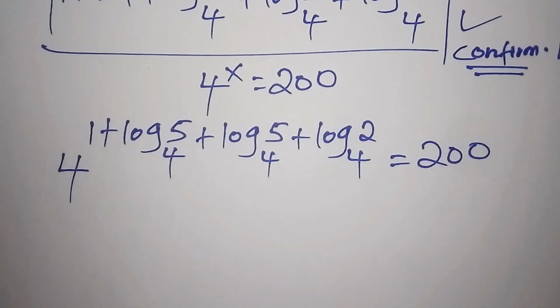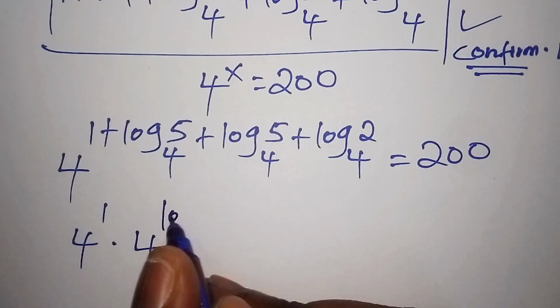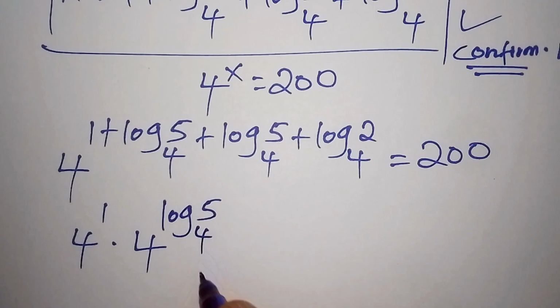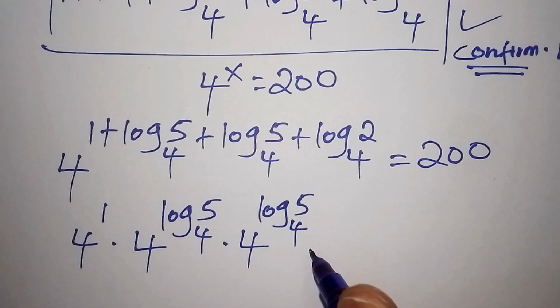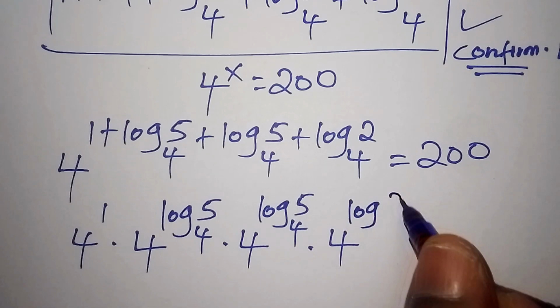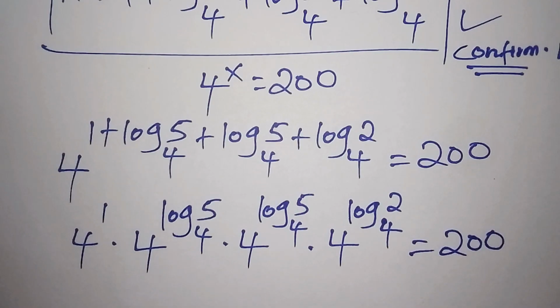So we can still have it as 4 to the power of 1, then the plus changes to multiplication, 4 to the log of 5 to the base of 4, then plus changes to multiplication, 4 to the log of 5 to the base of 4, then 4 to the log of 2 to the base of 4 is equal to 200.